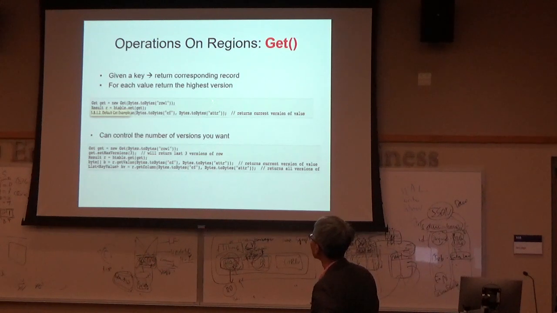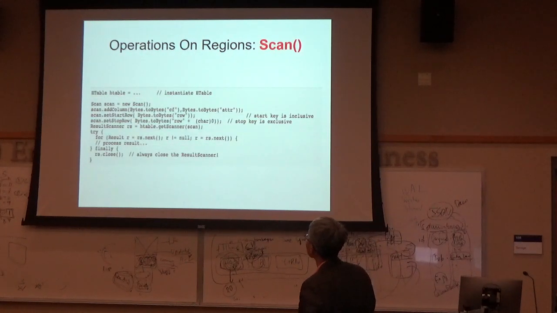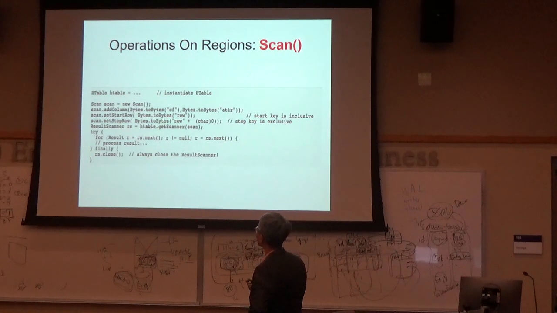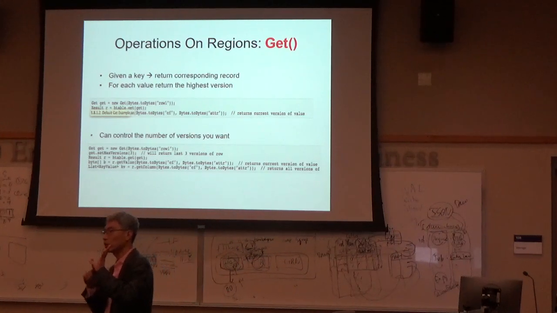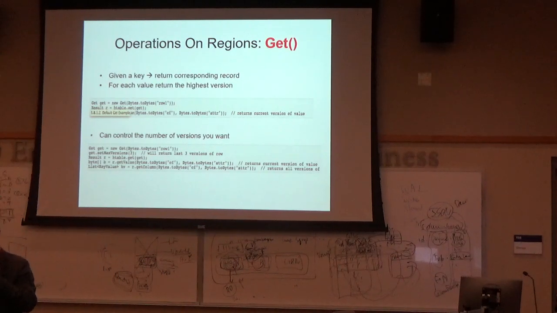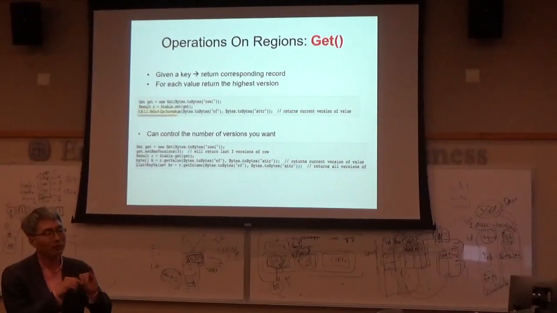Get and scan. Scan is a range search, to get the data that satisfies a condition. Get is only one, using the key. To get the data, we need to specify the table, row key, column family name, column name, and the version.